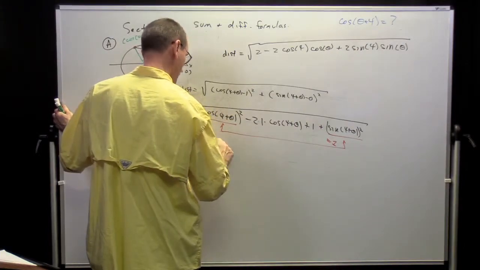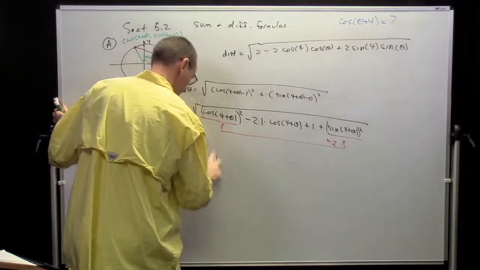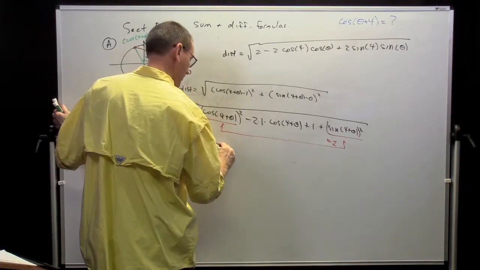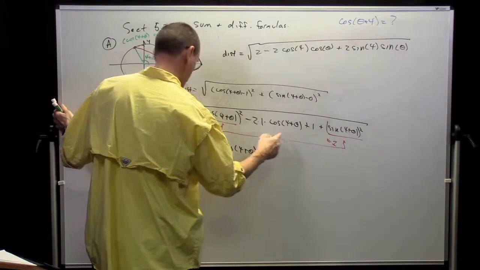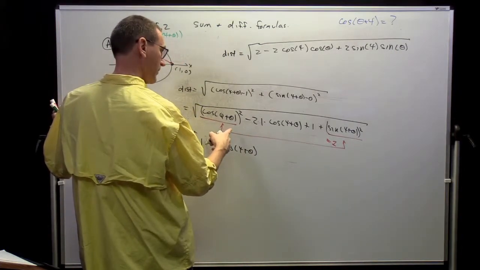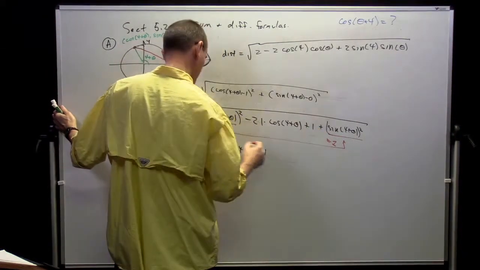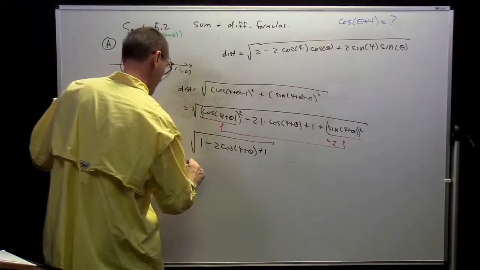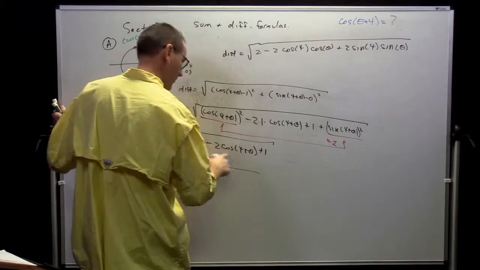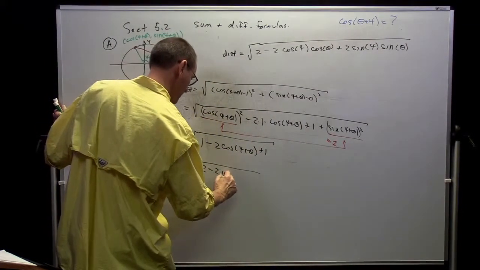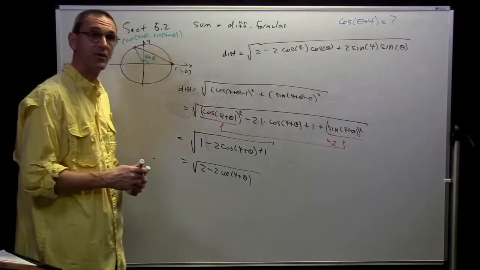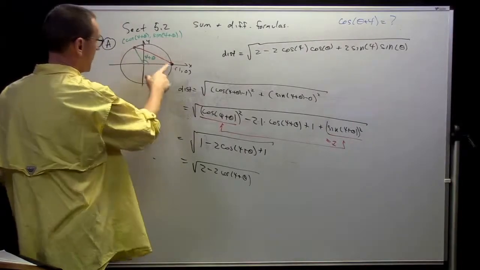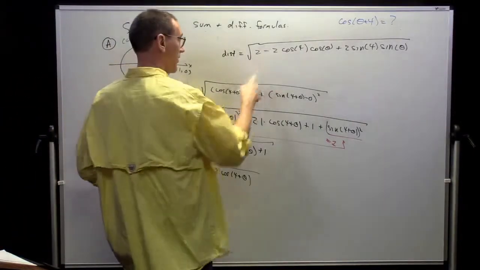I get 1, oops, careful, minus 2 cosine psi plus theta plus 1, and I already used that. Now the 1 plus 1, I get the 2. Get that expression. Okay, so this distance from here to here is also this, and it's also this.